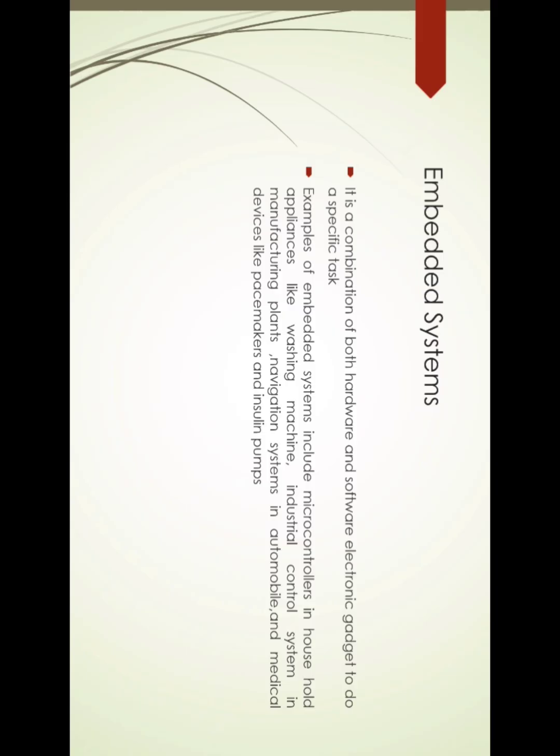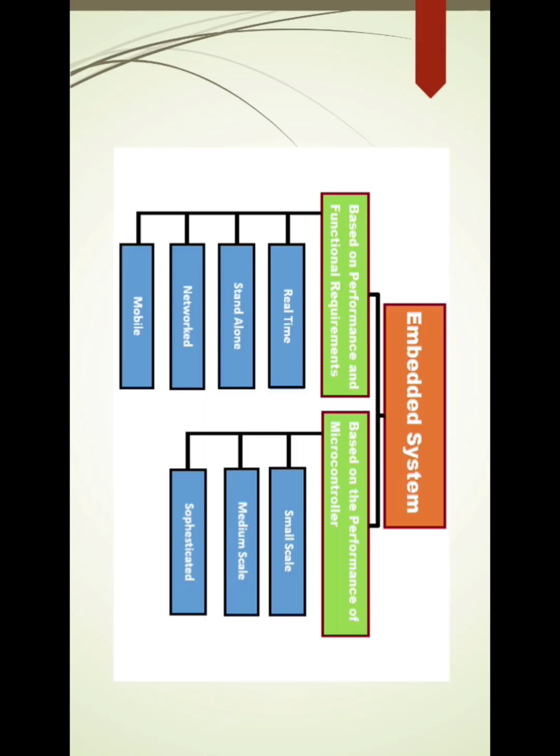And the next topic is the block diagram of an embedded system. The embedded system block diagram consists of two parts. The first part is based on performance and functional requirements, and the second part is based on the performance of the microcontroller. These two parts combine to form an embedded system.